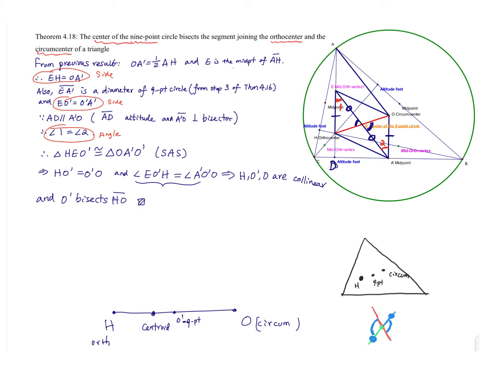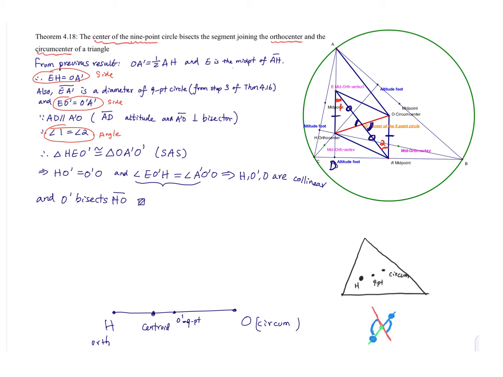We also want to show that the center of the 9-point circle bisects this segment. That means this segment over this segment is equal to 1. They're equal length. Here we go. We are going to begin the proof by using facts derived from theorem 4.17, so I have to quote results from theorem 4.17. Please review theorem 4.17 when needed.